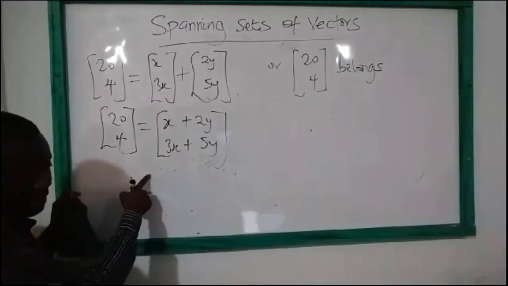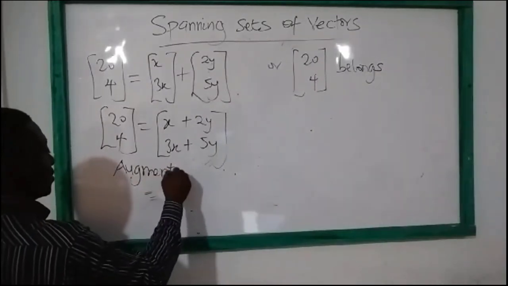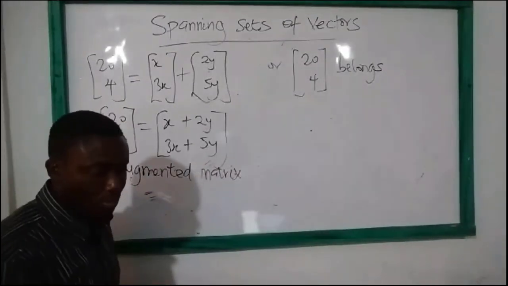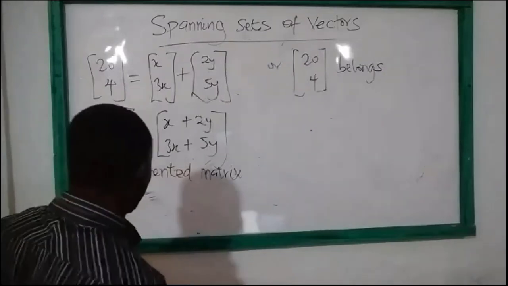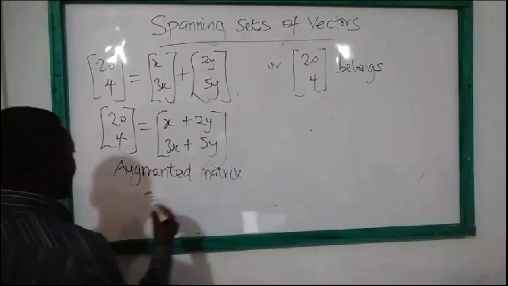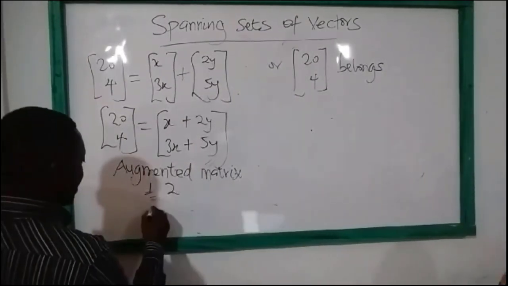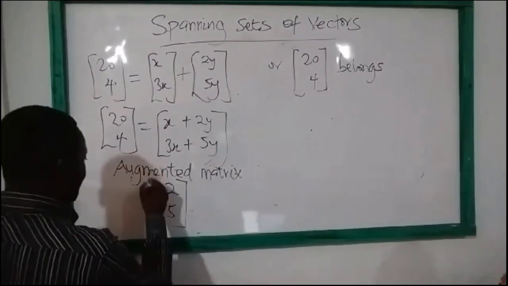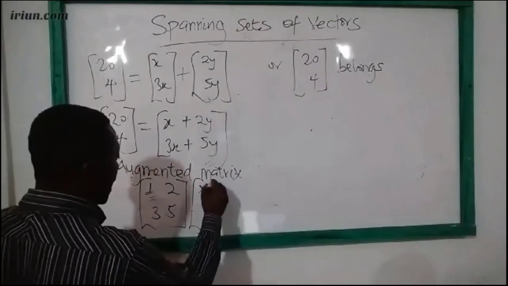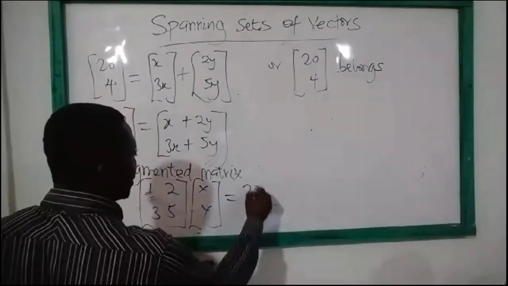So we can form the augmented matrix so that we solve for the unknowns, which are x and y. So let's form the augmented matrix. We have [1, 2; 3, 5] multiplying the vector (x, y), which should be equal to (2, 4).